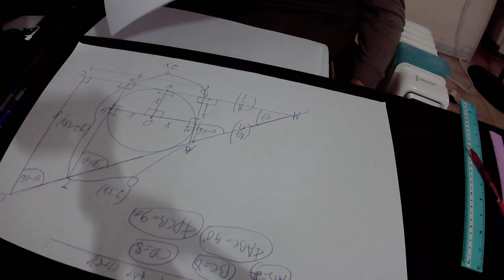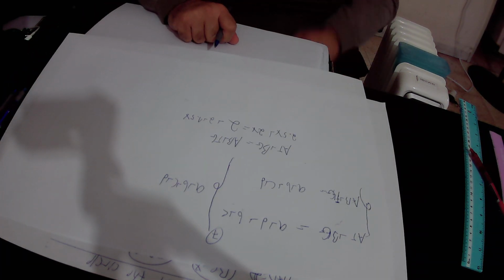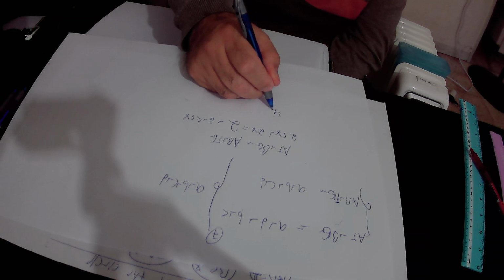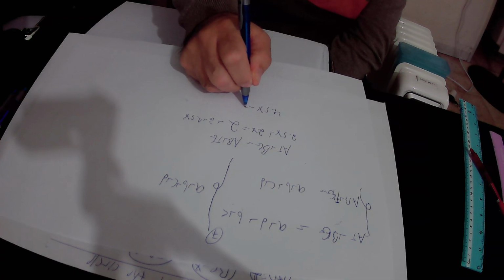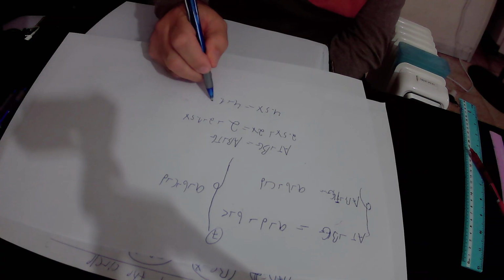Finally, we found out that 2.5x plus 2x equals 2 plus 2 plus 1.5x. 2.5x plus 2x is 4.5x, and it is equal to 2 plus 2 is 4 plus 1.5x.